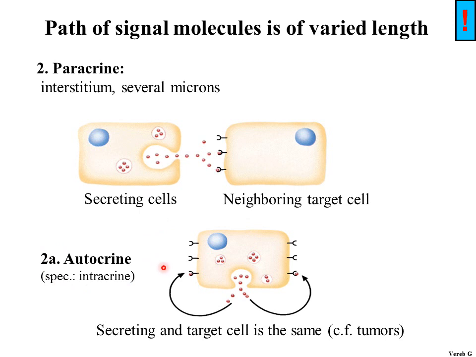Autocrine implies that the secreted ligand can actually be bound by the same cell that secretes the ligand, because this cell expresses the receptors for the ligand. In a most special case, which you call intracrine, the ligand is not even secreted, but it's bound to receptors that are also still located intracellularly in this signaling cell.